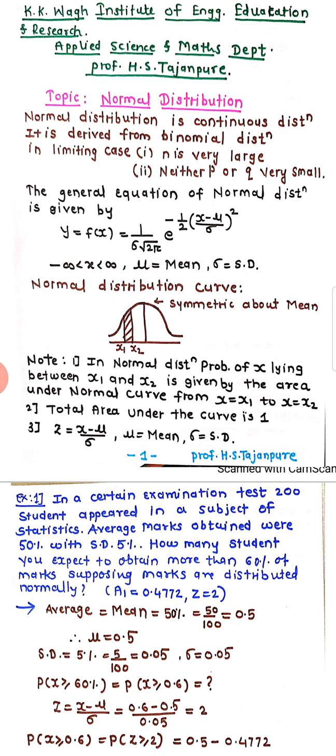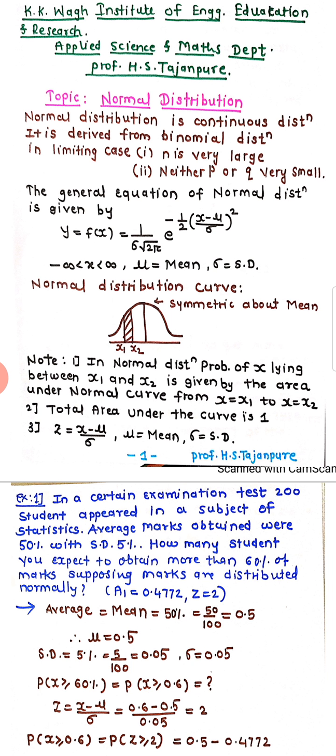Now let us see the normal distribution curve. It is always symmetric about the mean. Some points which we require in solving the examples. The first one: in normal distribution, the probability of x lying between x1 and x2 is given by the area under the normal curve from x equal to x1 to x equal to x2.